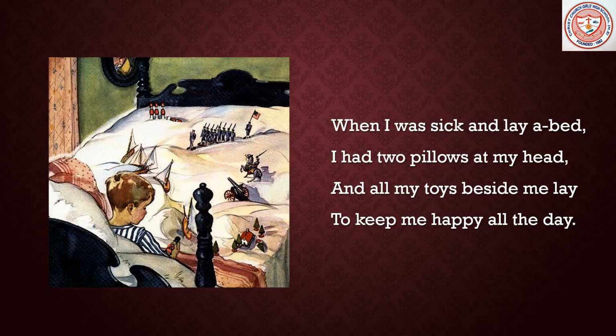The boy had so many toys with him for playing. In that miserable condition, the toys were trying to cheer him up. The toys were trying to do their best to make the boy happy. The toys were thinking that in this way the boy can be happy and he would forget all of his sadness. Clear? Next stanza.